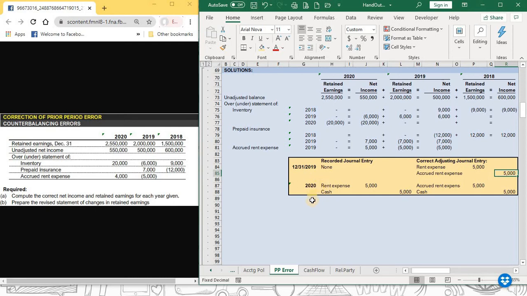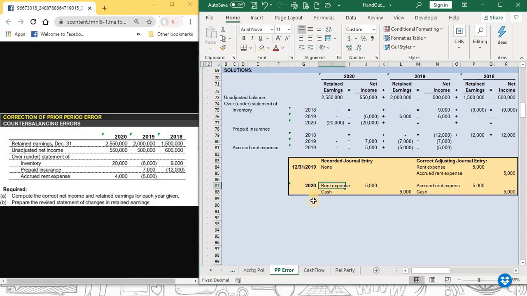That is why upon payment in 2020, the account debited is rent expense. And again, looking at the nominal accounts, the rent expense should have been recorded in 2019. However, it was recorded by the entity in 2020. So there is a difference as to the year of recording.